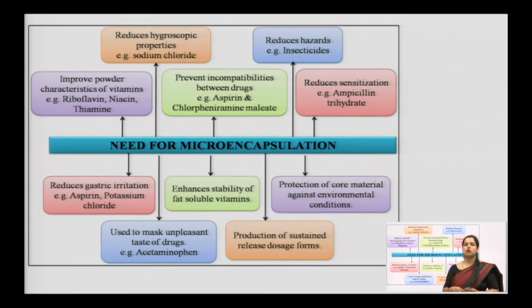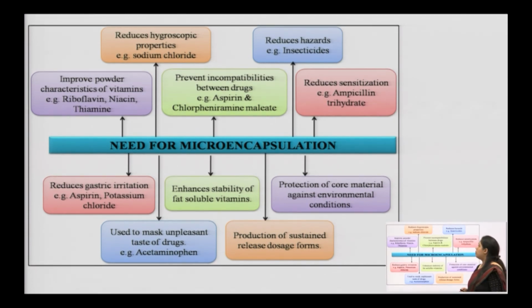Now, why are we choosing these microcapsules over the conventional? What is the need of making all these modified or small-level particles in pharmaceuticals? For pharmaceuticals, we can improve powder characteristics of vitamins, for example riboflavin, niacin, thiamine. These are the reported literatures which say that after converting the raw form of the drug into microencapsulated particles, we can have improved powder characteristics of vitamins.